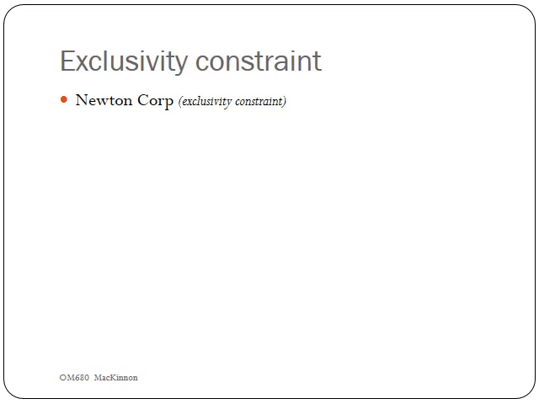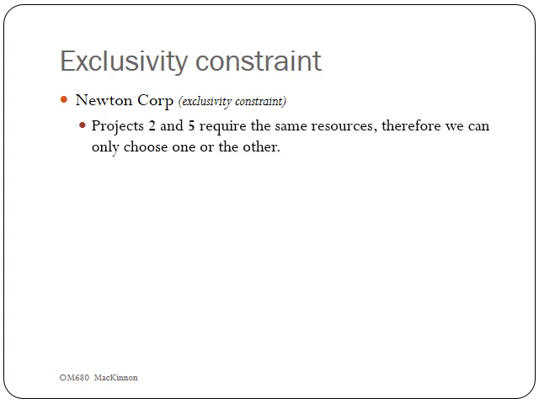Okay, so now we're going to introduce what we call an exclusivity constraint. Projects 2 and 5 require the same resources. Therefore, we can only choose one or the other.